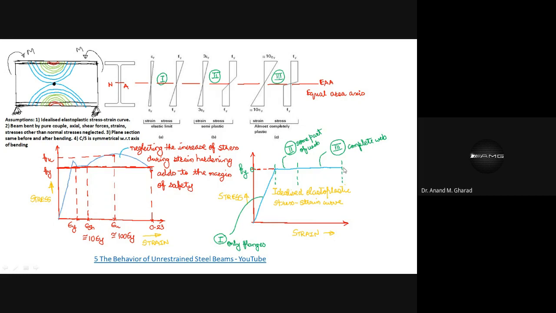Okay, so at this third stage, what do we expect? That these stresses on the compression as well as on the tension phase are going to develop one breaking point which is known as plastic hinge. And the axis associated to this is known as equal area axis.